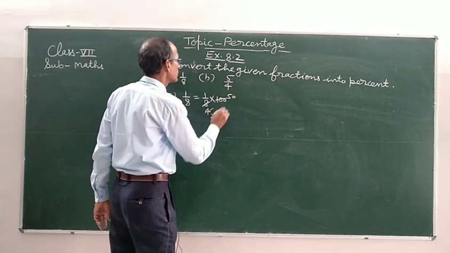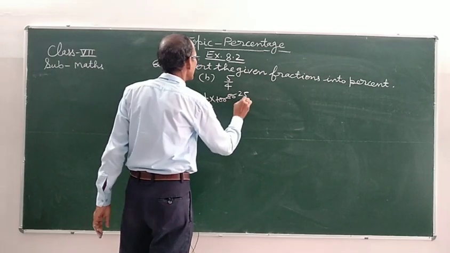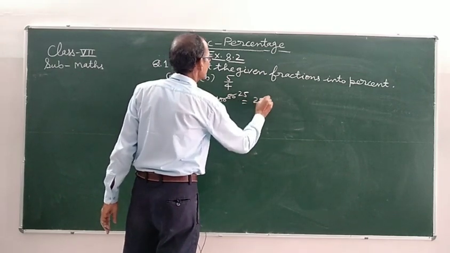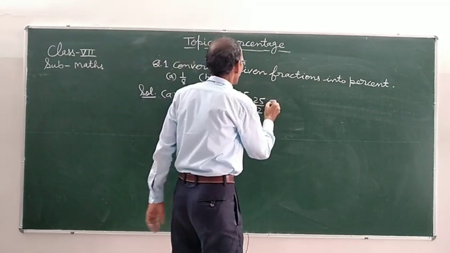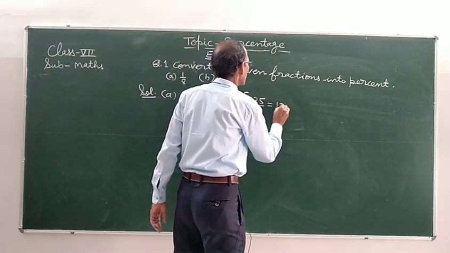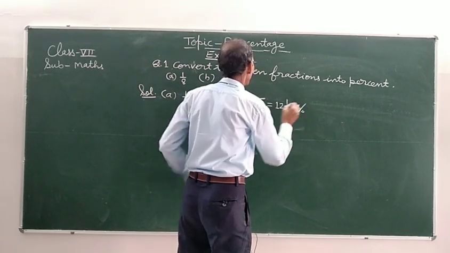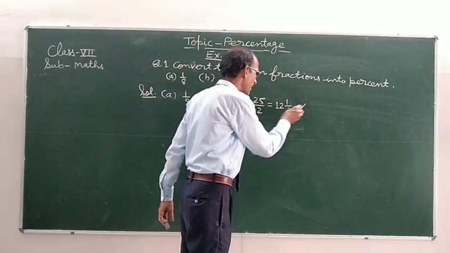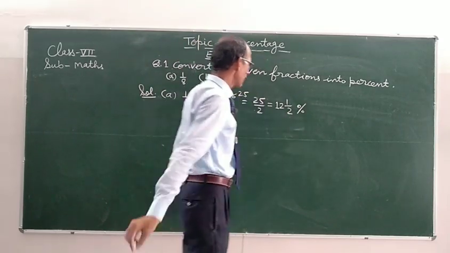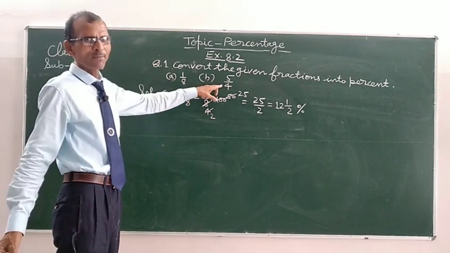Again by 2, 2 2 ja 4, 25 here. 25 upon 2. Okay? That is equal to 12 whole 1 upon 2%. When we convert it into mixed fraction, we will get 12 whole 1 upon 2%.